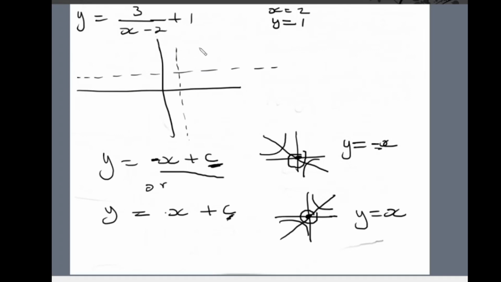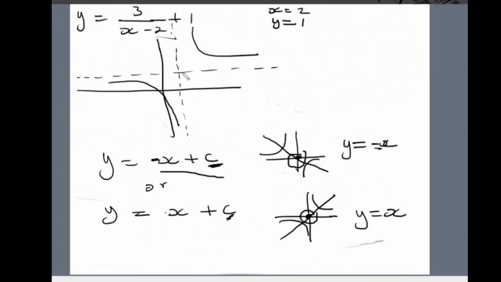And then we see a is positive, so our graph will lie in the first quadrant and in the third quadrant. At some point we will have an x and y intercept, right?